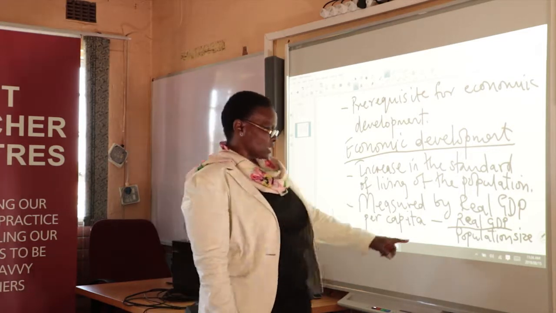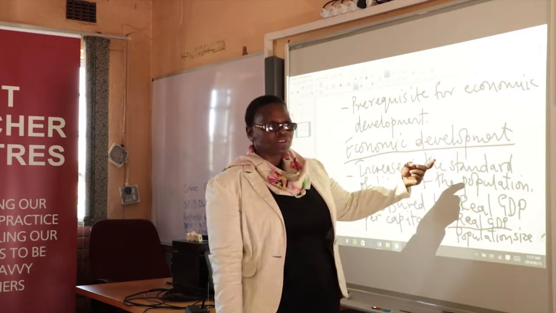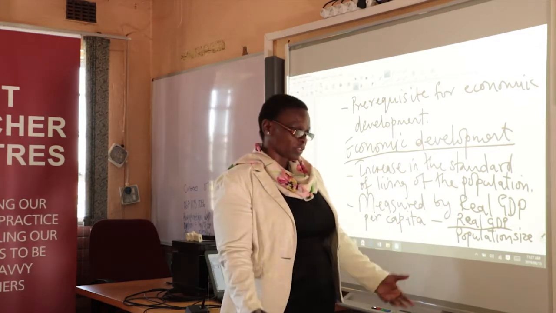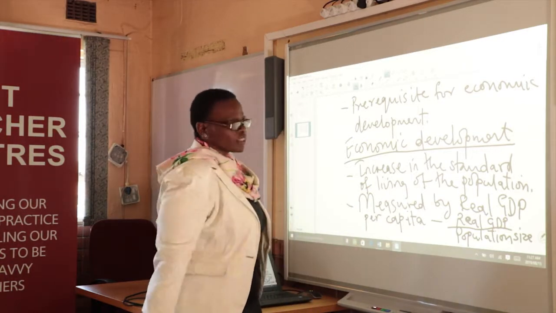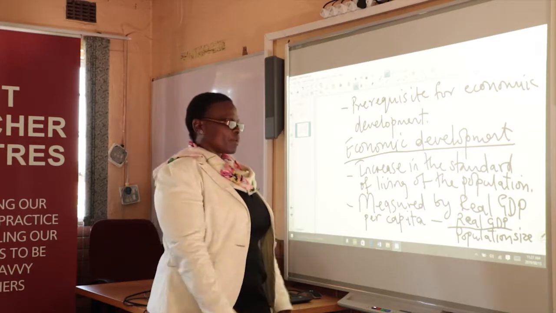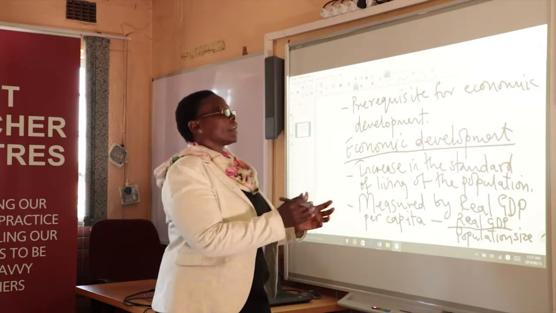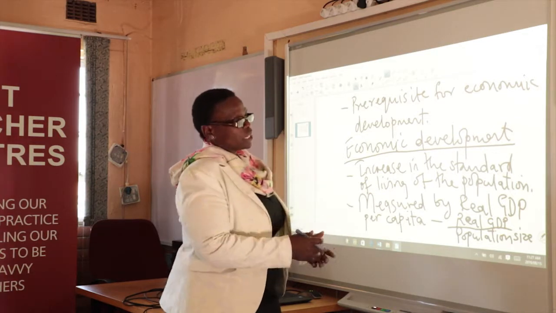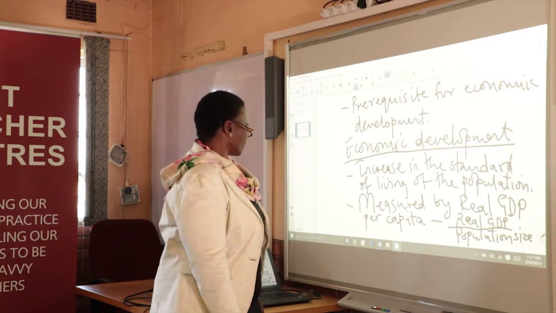So the population size is important for the standard of living of the people to improve. If we can exercise birth control, that would also alleviate poverty in the country, because if the real GDP is big and there's less population, it means the people in that country will be better off.